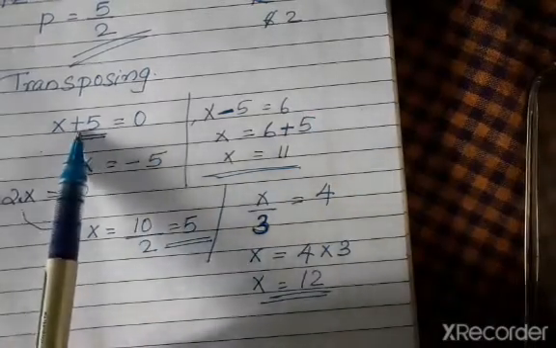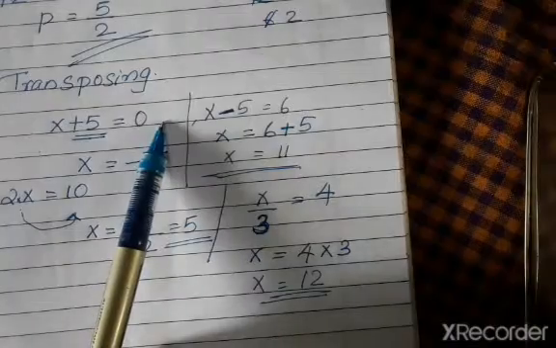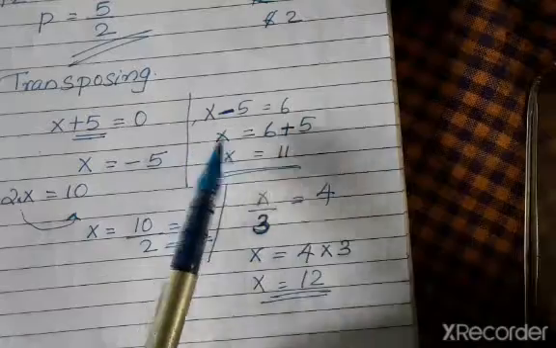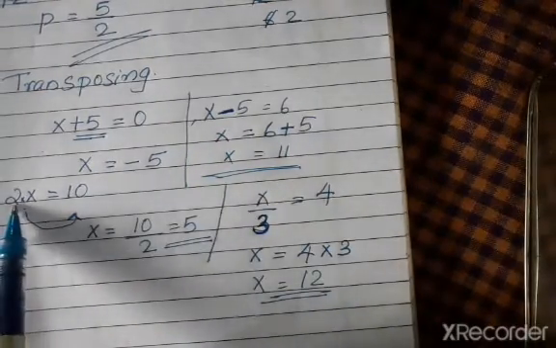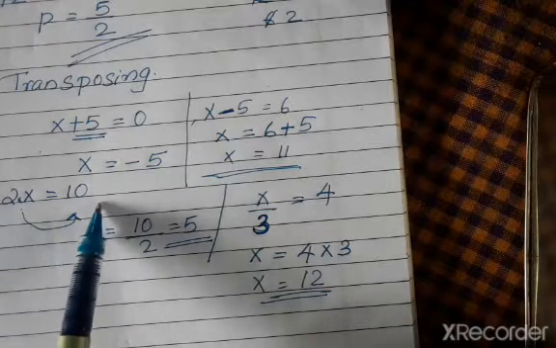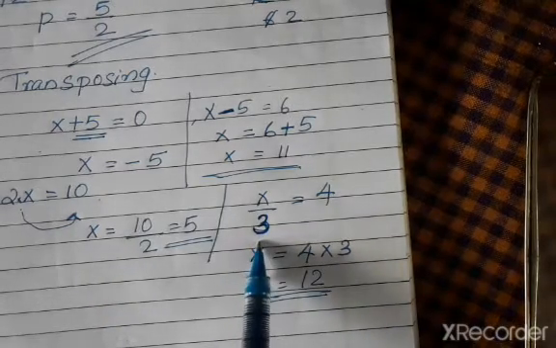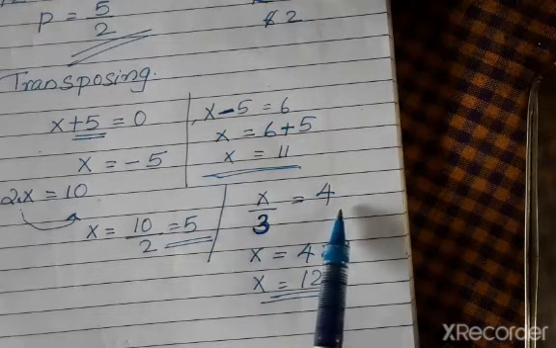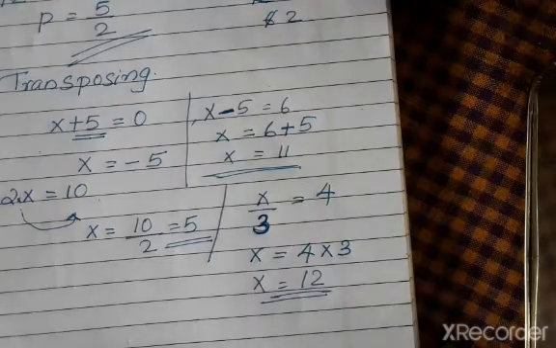If it is adding on the left hand side, when it goes to the right hand side it will be subtracting, and when it is subtracting on the left it will be adding on the right. If it is multiplying on the LHS, it will be dividing on the RHS, and if it is dividing on the LHS, it will be multiplying on the RHS. Always remember the reverse of the operation.